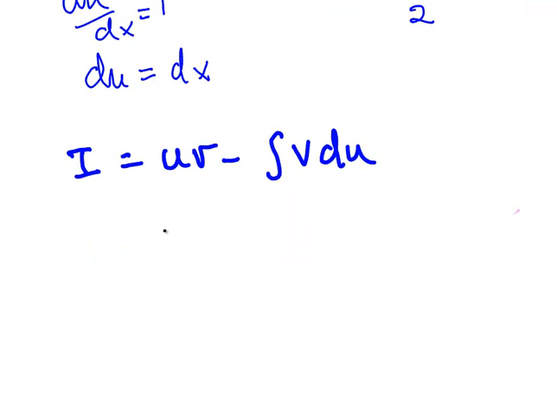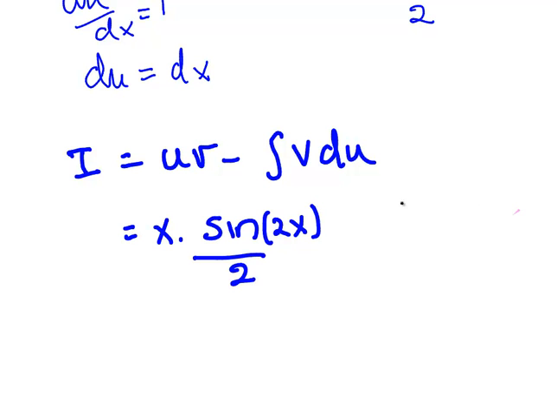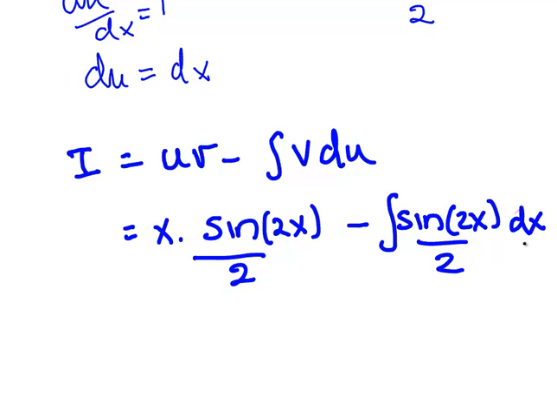Well, u is equal to x. v is equal to sine of 2x over 2, and we need the integral of sine of 2x over 2 dx. du is equal to dx. So this part here is v, and this part here is du.